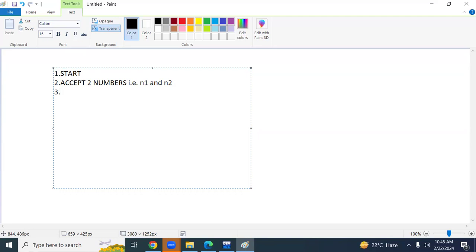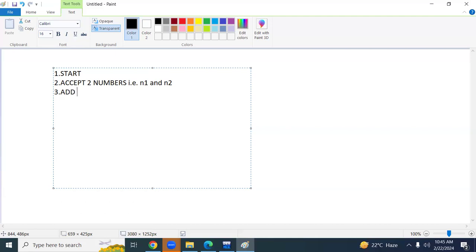We need to do processing on that. We have to perform the operations. Yes, we have to perform the addition. So that is one of the processes going on. What kind of process is there? We need to do add, we can say like that.